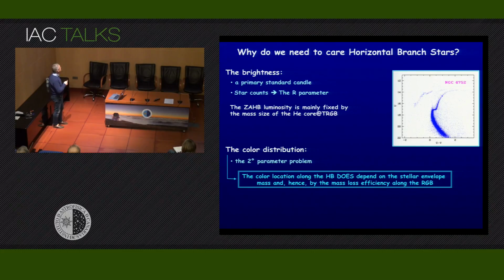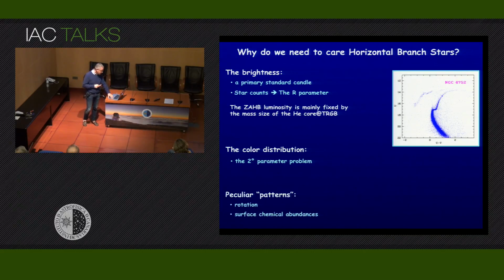And for this reason, the distribution of horizontal branch stars in color has been considered a very useful observational evidence for constraining the efficiency of mass loss along the red giant branch. This, now we know, is not completely correct, and I'll come back to this.